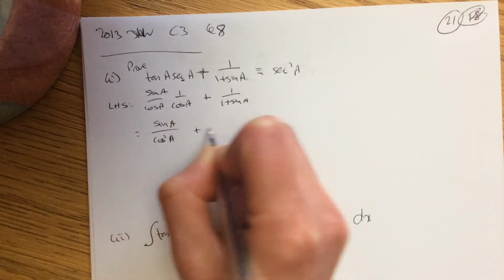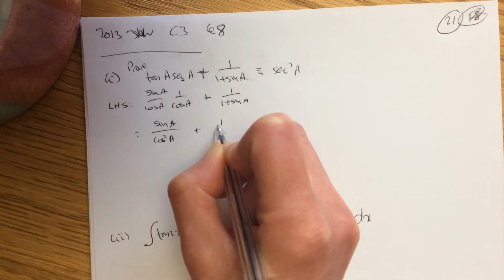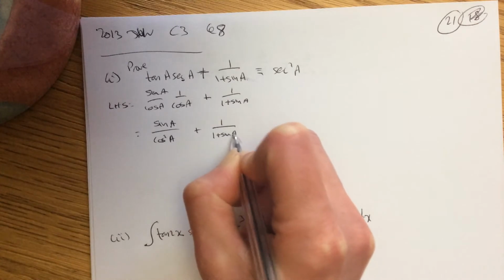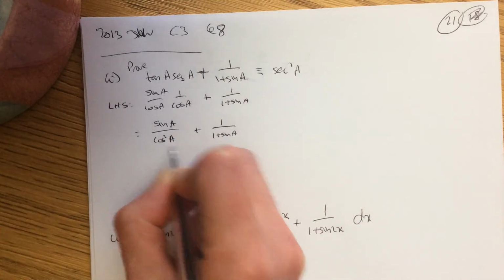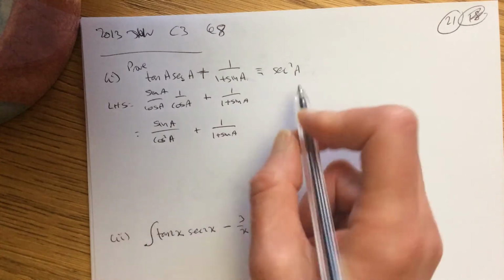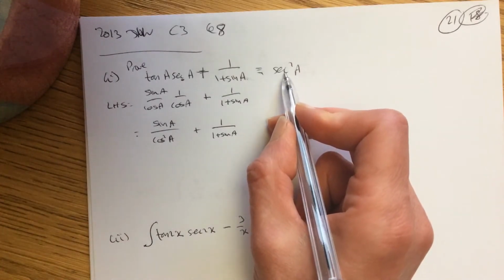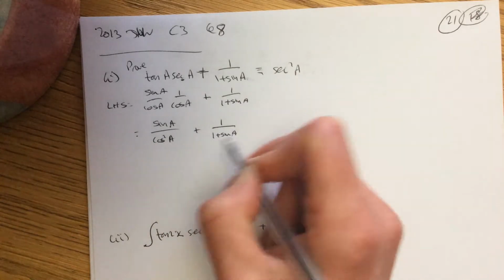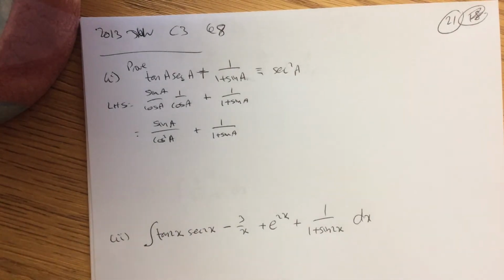Cos squared A plus 1 over 1 add sine A. Cos squared I want to keep because sec is 1 over cos squared. So I want to keep this, but I really want to do something with this one.